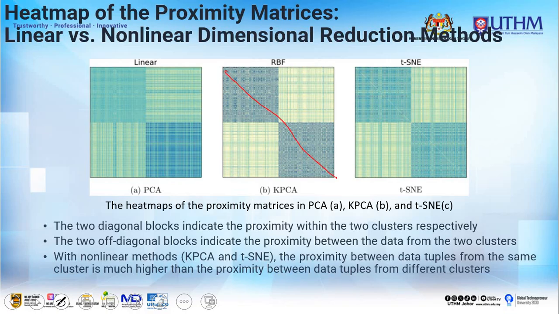The two diagonal blocks indicate the proximity within the two clusters respectively. The two off-diagonal blocks indicate the proximity between the data from the two clusters. So with the non-linear methods KPCA and TSNE, the proximity between the data tuples from the same cluster is much higher than the proximity between the data tuples from different clusters.